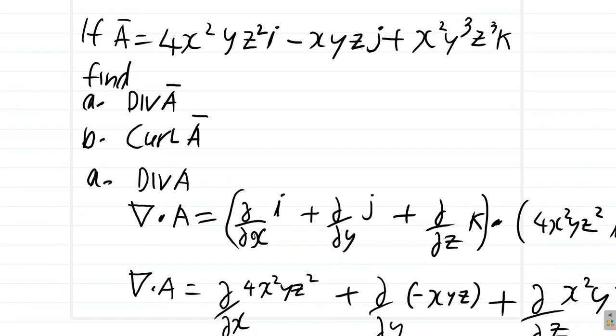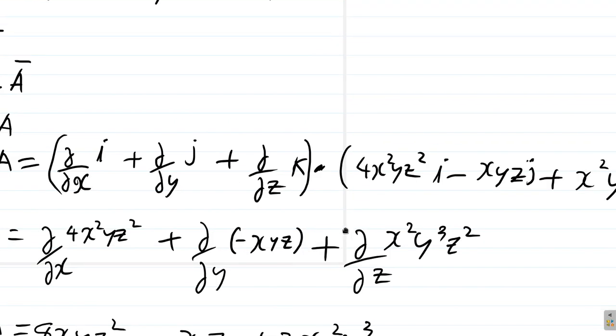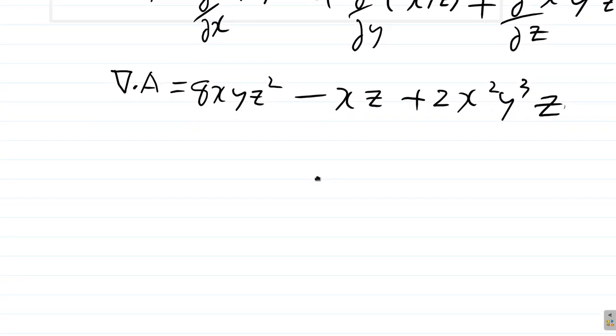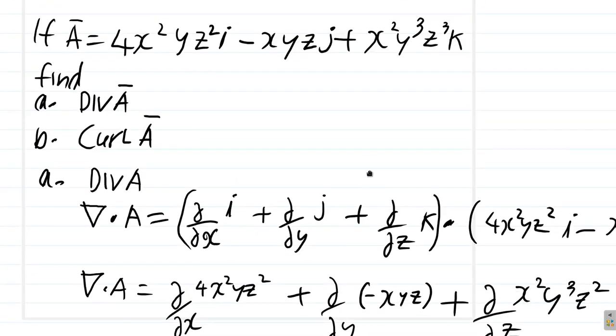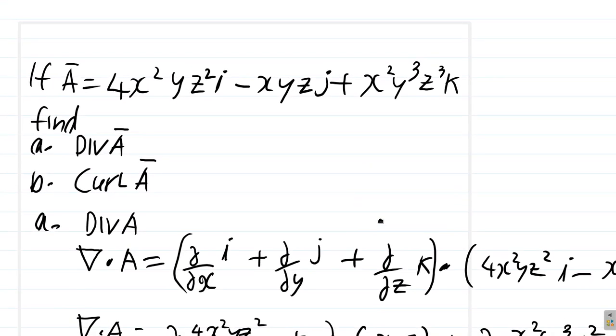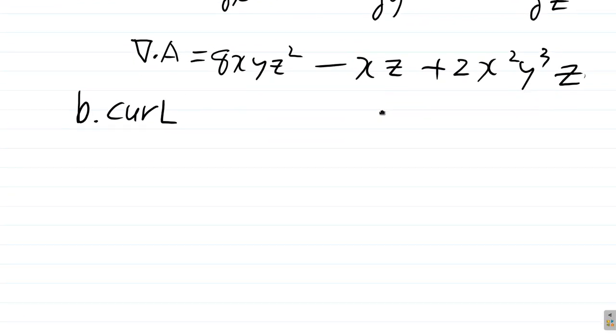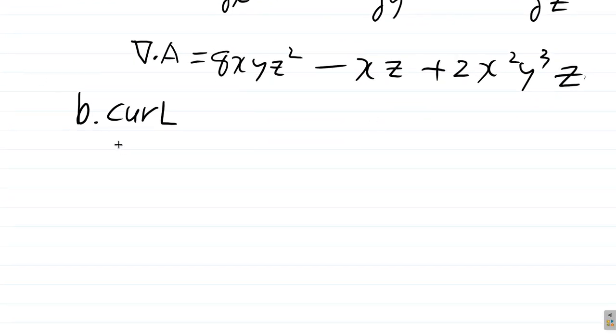Now, the next thing will be the curl of A. So part B is going to be the curl. Here, the curl will be the cross product now. It's going to be nabla cross A equals.